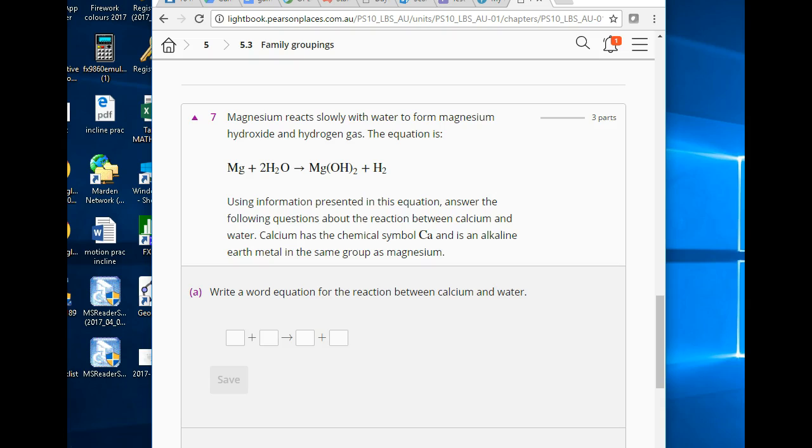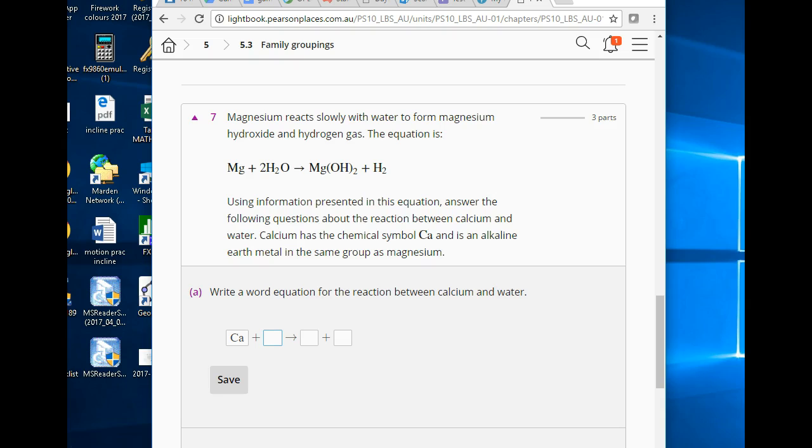So they're saying follow the pattern. And so you can just type in calcium is going to combine, it's going to have similar chemical properties.